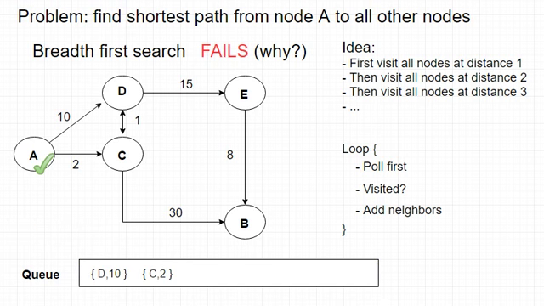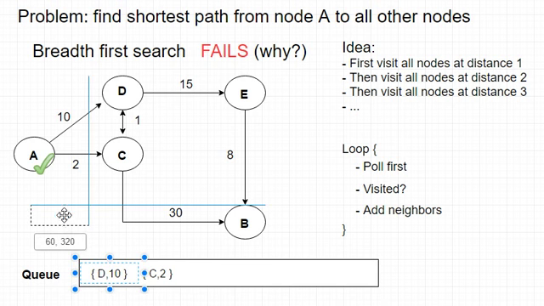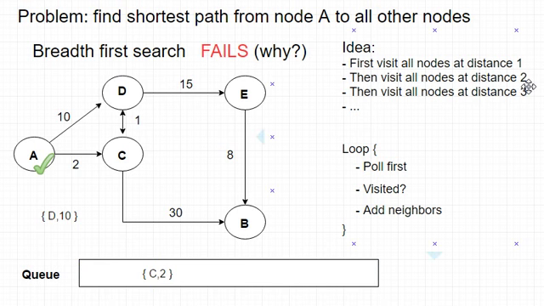Now we are done with A, and we will pull the first item from the queue. Now you may notice that our idea was to visit all nodes at distance 2 before we visit any nodes at distance 10. But you can see what is happening right now is that we are about to visit node D, which is at distance 10 from A, despite the fact that we still haven't visited node C, which is at distance 2 from A. So we are breaking our idea right here, but let's see what happens.